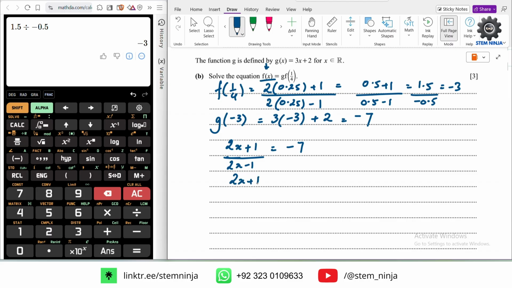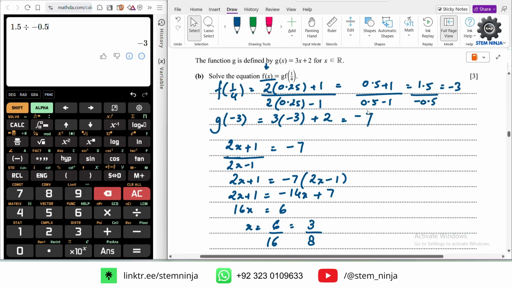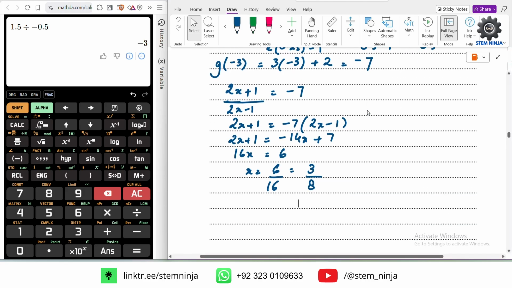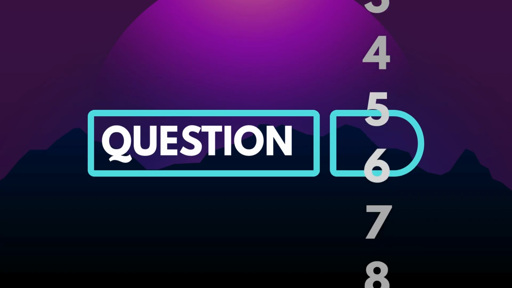So 2x plus 1 equals minus 7 times (2x minus 1). 2x plus 1 equals minus 14x plus 7. 14 plus 2 is 16x, and 7 minus 1 is 6. 6 over 16, so divided by 2, this would be 3 over 8. Alright, that's it. Let's move on to the next question.